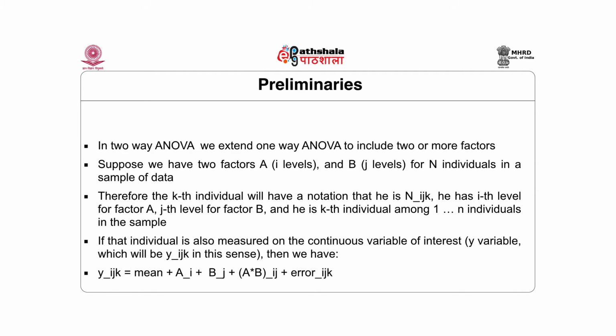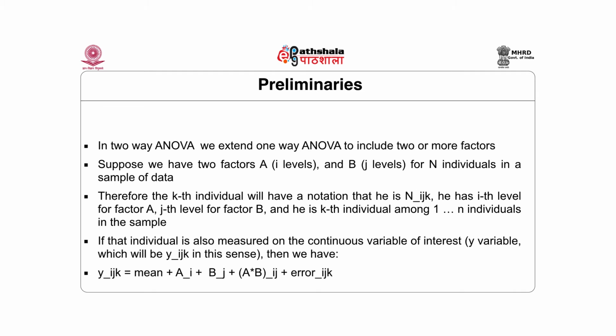And then there would be some effect that is entirely because of the variability you can expect because of the specific ith level of the A variable. And then for the I and J combination of the A and B variable, because remember that A has I number of categories, B has J number of categories.